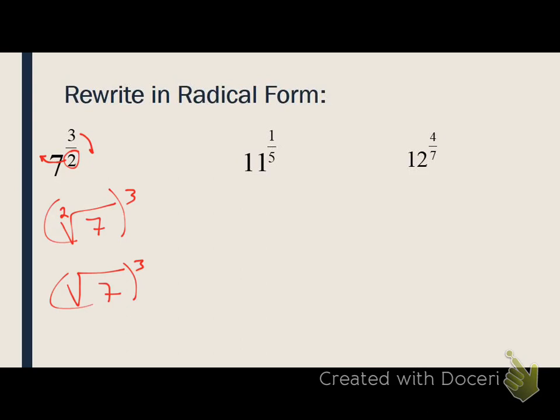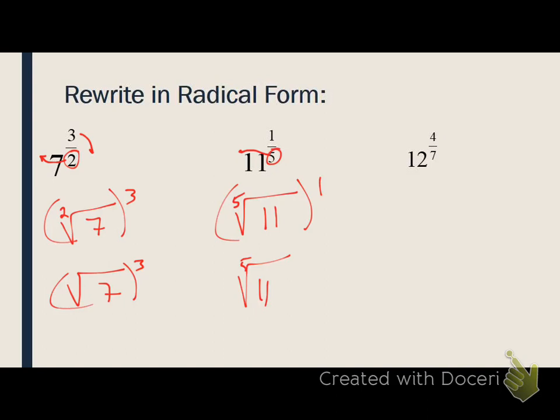Same thing for the next one. Your denominator becomes the root, right? The bottom is the root. The base is the radicand. And then, of course, to the first power. But we would not write that in there normally, just the 5th root of 11. Okay? I'll give you a couple seconds of a head start to write the next one. Give it a shot. You don't necessarily have to stop the video.